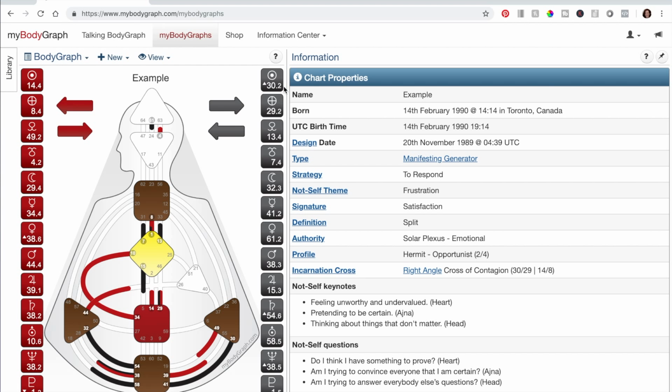So you'll see that there's the 2 here and the 4 here. So this is the profile 2-4. There are 12 different profiles. And the profiles are made up of 6 lines, which come from the hexagram in the I Ching. Lines 1, 2, and 3 are intrapersonal, meaning that they are all self-focused. Lines 4, 5, and 6 are transpersonal, meaning that they're about your relationships with others.